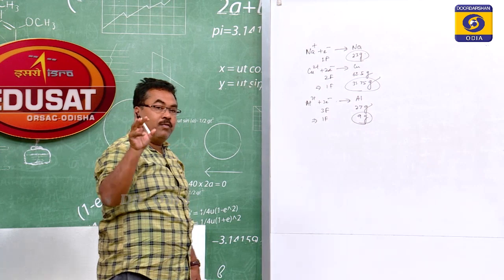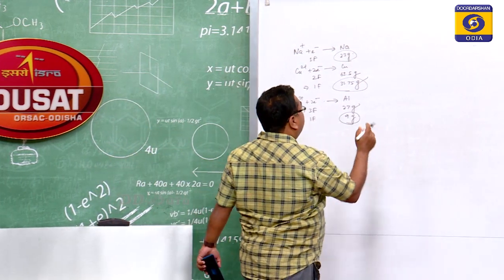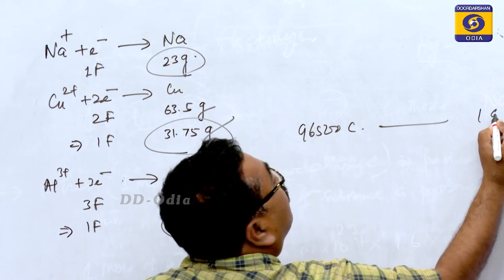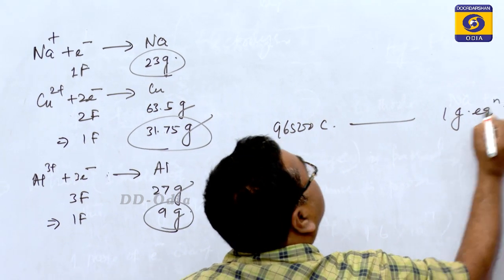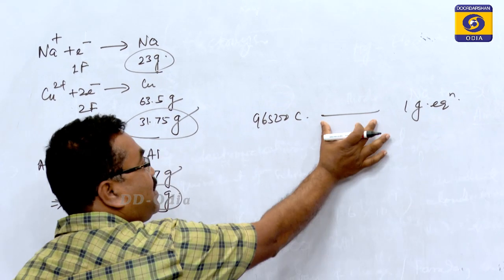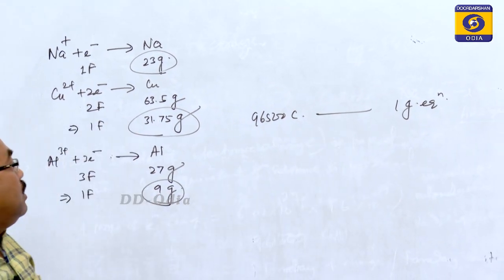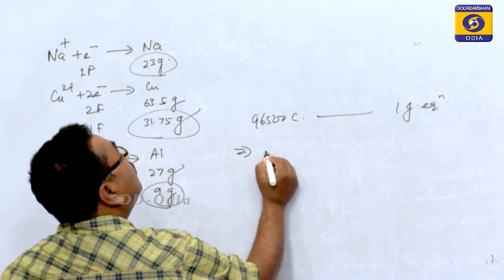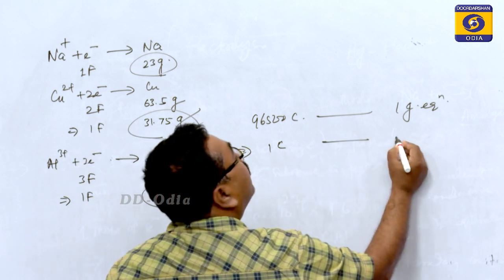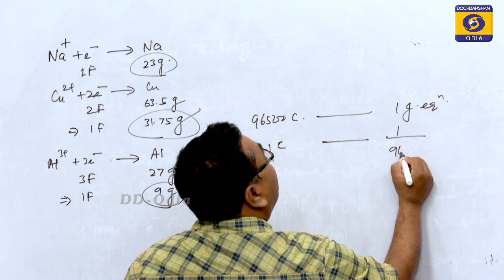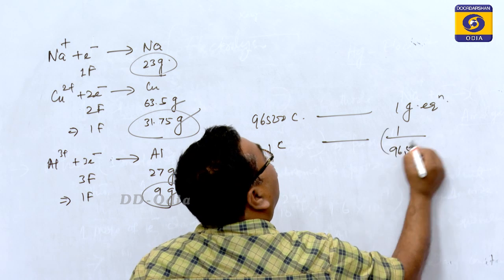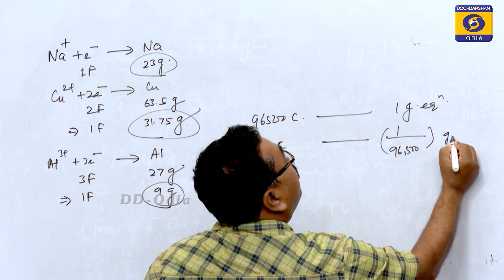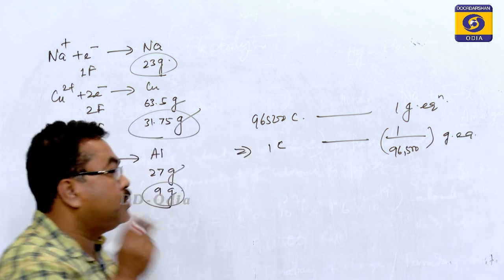Now we give a mathematical formulation to that. 96,500 coulomb produces 1 gram equivalent of substance. This implies 1 coulomb will produce 1 divided by 96,500 gram equivalent of substance.